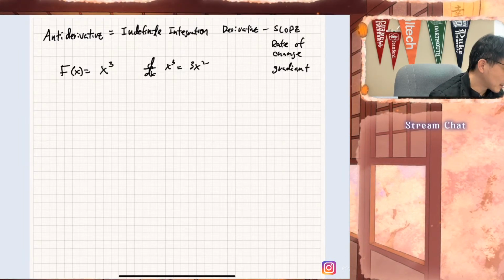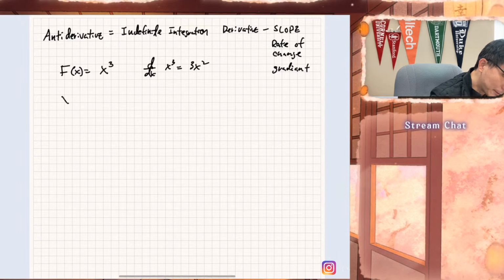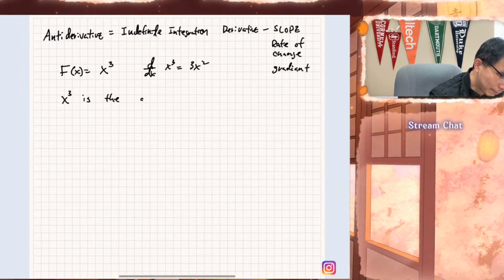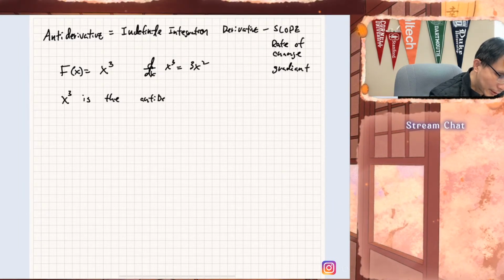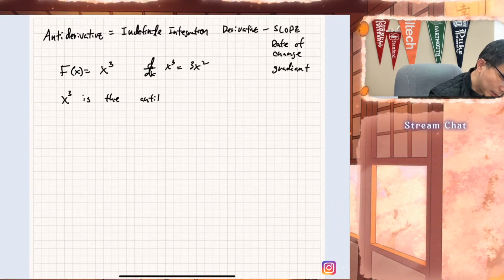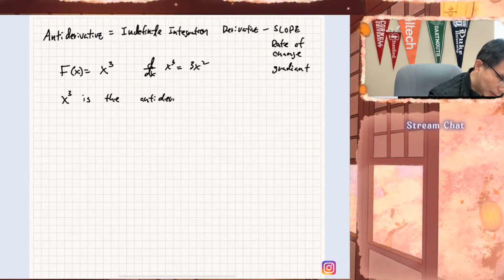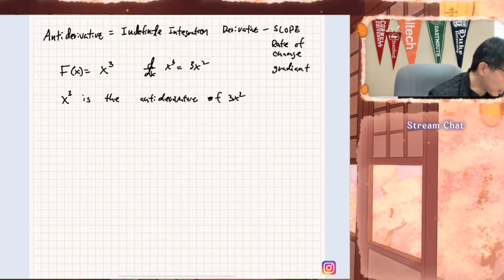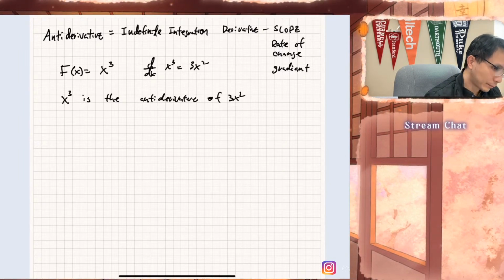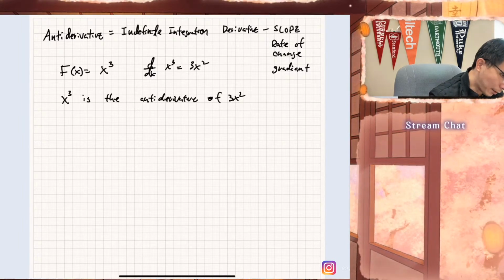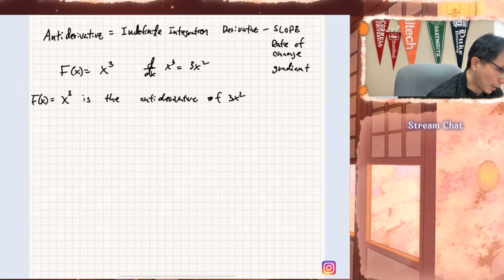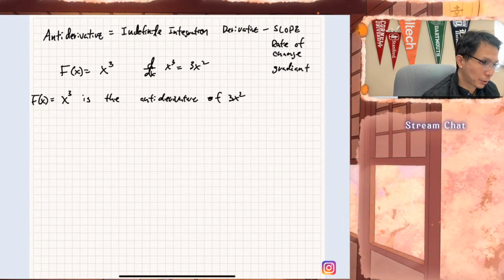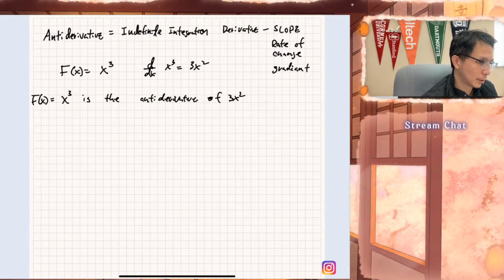So that means x cubed is the antiderivative of 3x squared. Does that make sense? The f of x equal to x cubed is an antiderivative of 3x squared, because 3x squared is the derivative of that.